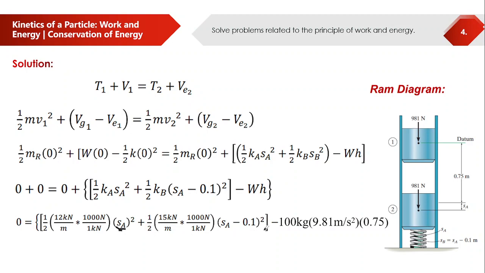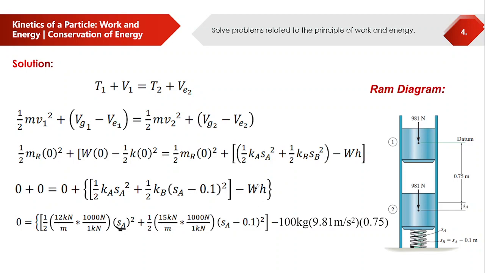Okay? Square that one. That's the compressed length of B, because the distance between them earlier is 0.1. So that will be S sub A minus 0.1 squared, minus 100 kilograms.